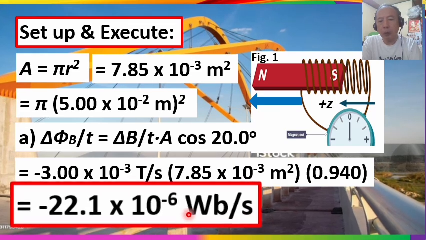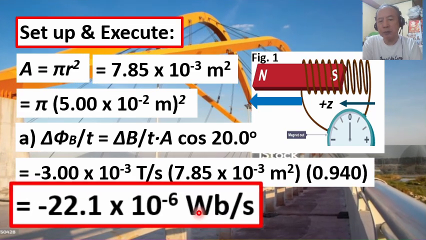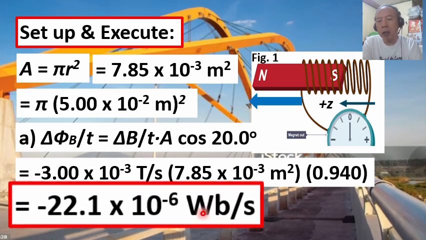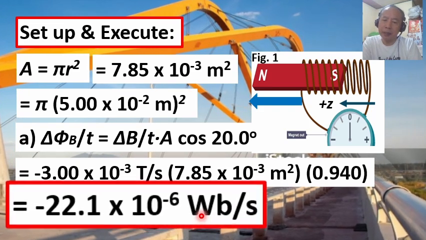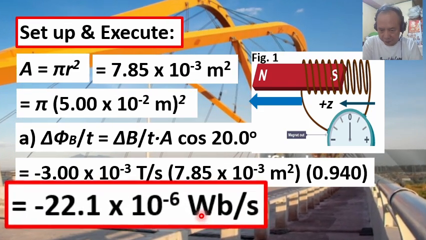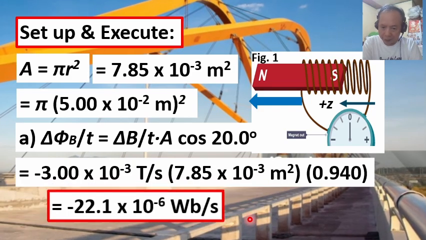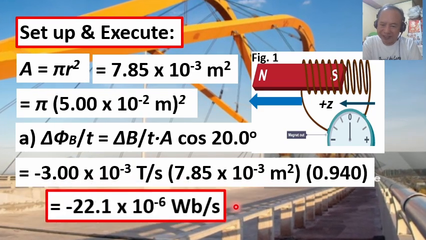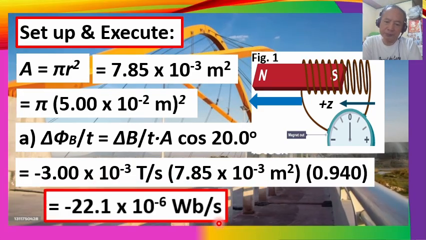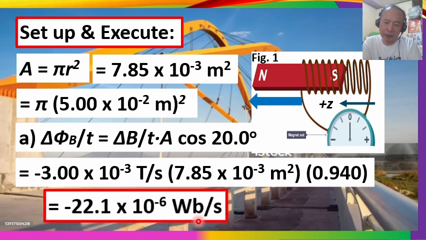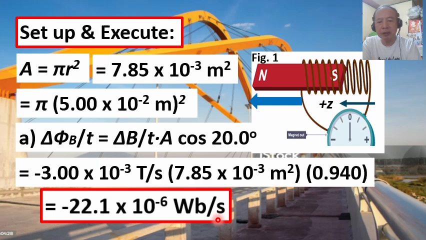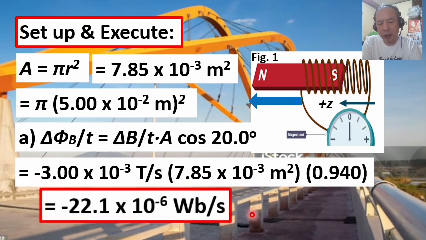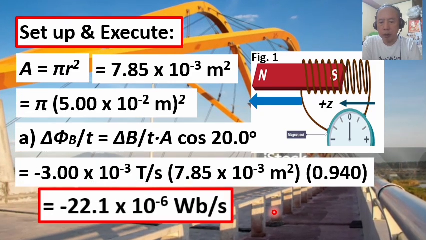Weber is the SI unit for the product of the magnetic field and the area vector, and Weber per second, of course, is the unit for the rate of change in the magnetic flux, which is also equal to volt.